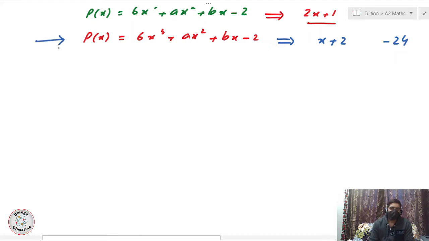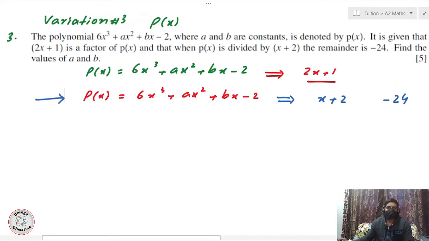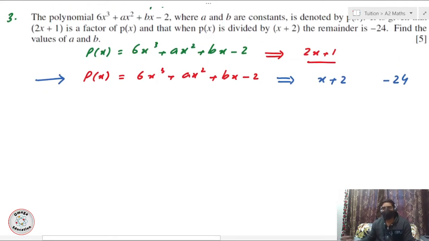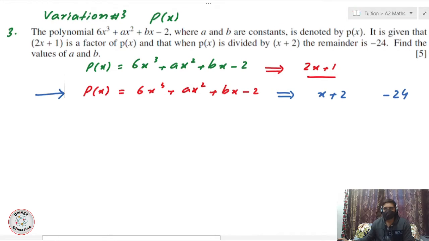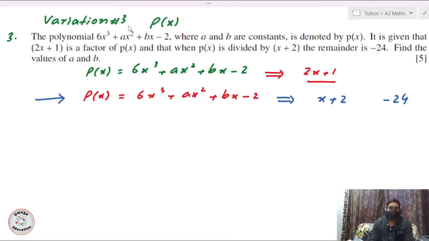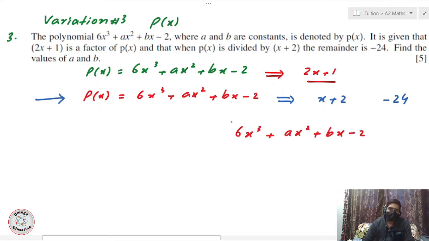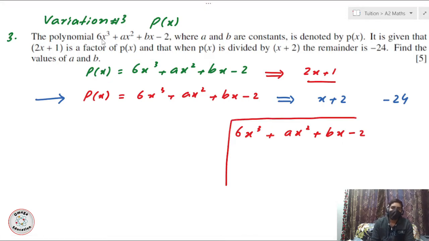So let's try to use the information. Let's start with the second piece of information. The question can be solved in different ways. I'll try to explain the method that I personally find the most convenient one. So I'm going to start off with the second piece of information: the polynomial 6x cubed plus ax squared plus bx minus 2 can be divided by x plus 2.